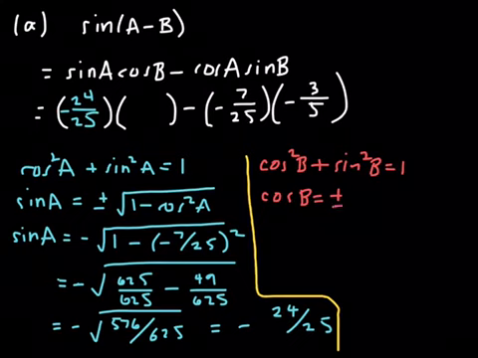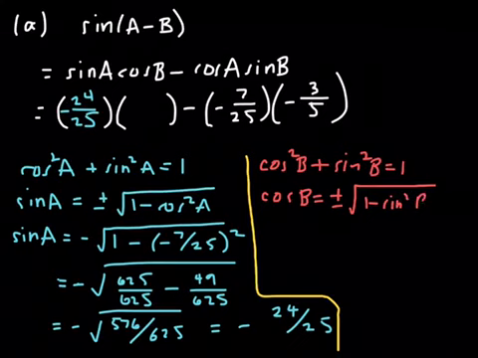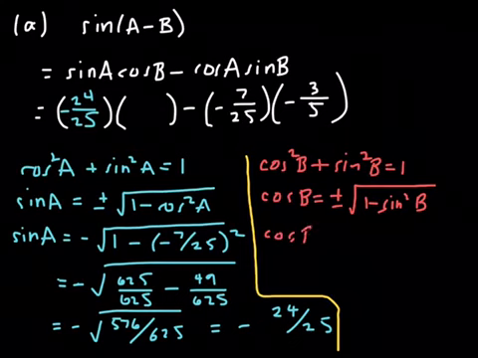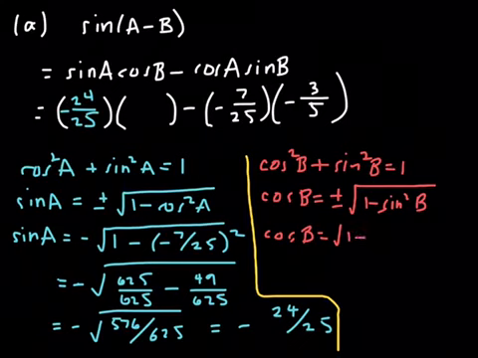Cosine of B is equal to plus or minus the square root of 1 minus sine squared of B. Okay? Now, remember where angle B is? Angle B is in quadrant 4. And in quadrant 4, cosine is positive. So we're going to take the positive root. 1 minus, and then sine of B is given. Sine of B is negative 3/5.